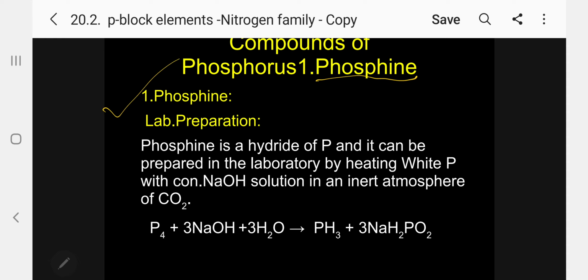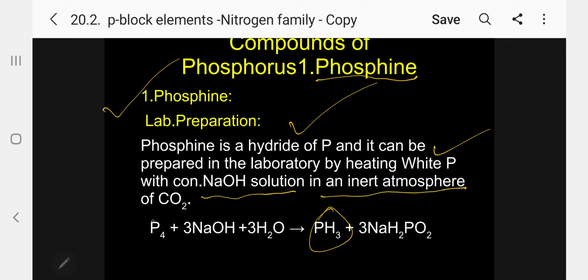Phosphine, laboratory preparation. Phosphine is the hydride of phosphorus, PH3. It can be prepared in the laboratory by heating white phosphorus with concentrated sodium hydroxide solution in an inert atmosphere of carbon dioxide. Please follow.